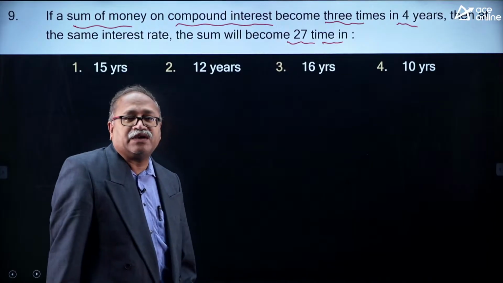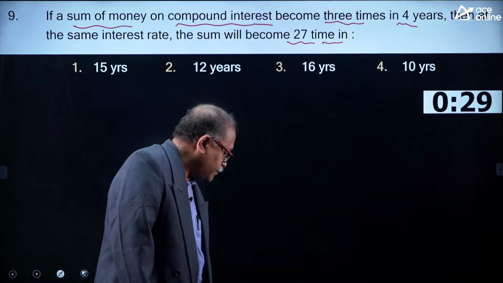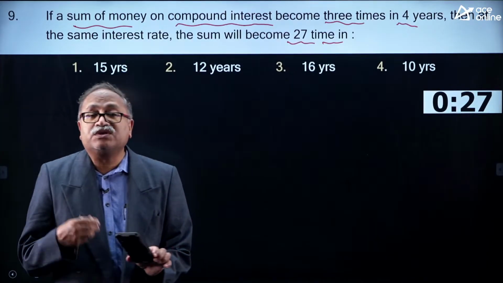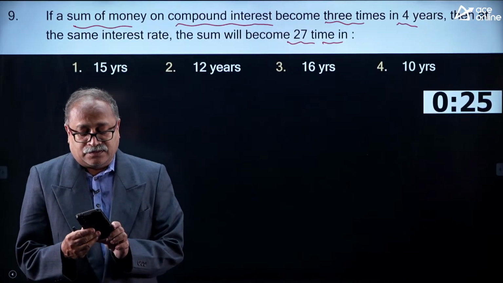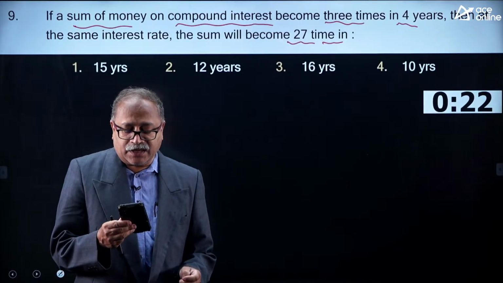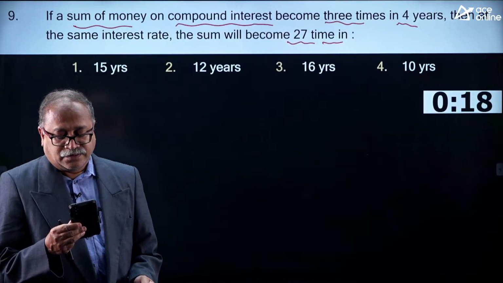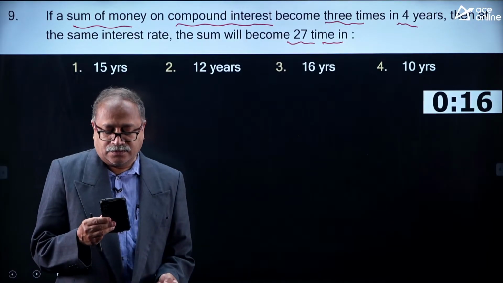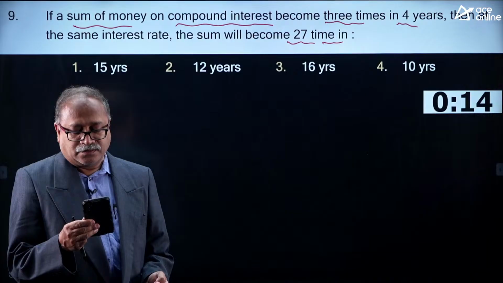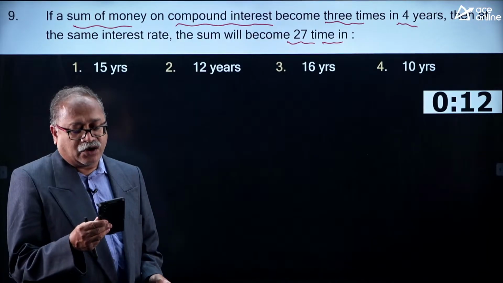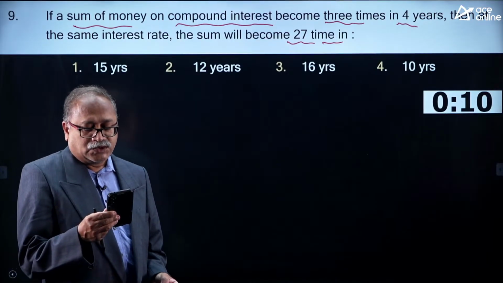It is only a 5-second or 3-second question for those who know the method, and I am confident that Chinna Rakesh knows how to answer the question. He answered it, option 2.